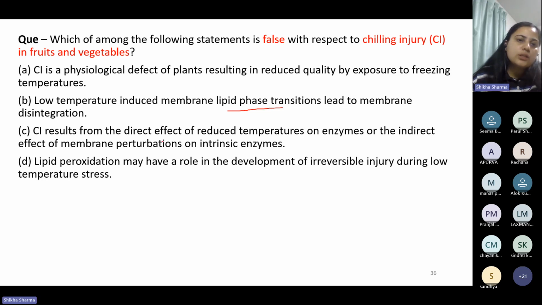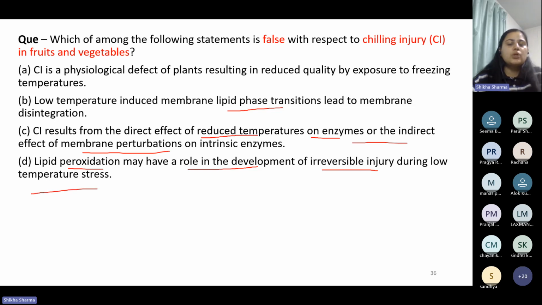C: Chilling injury results from the direct effect of reduced temperature on enzymes or indirect effect of membrane perturbations on intrinsic enzymes. D: Lipid peroxidation may have a role in the development of irreversible injury during low temperature stress.